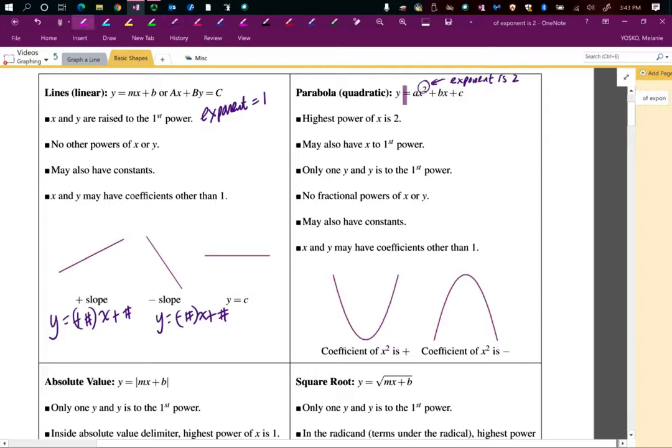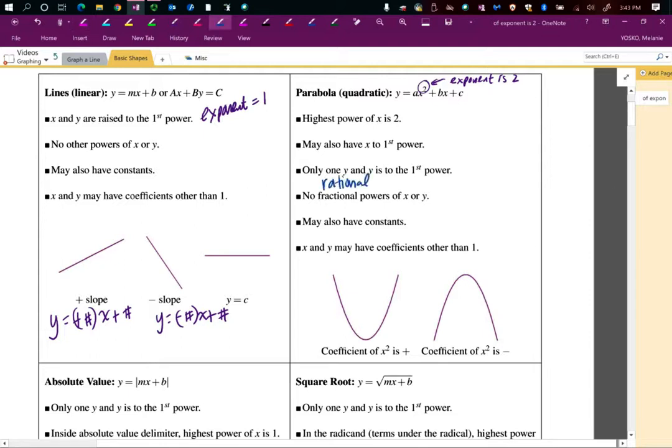Notice in this form I've given you, y is on the left and everything else is on the right. That doesn't have to be the case. It could all be mixed in, but you're looking at y to the first power. And there's no mingling of x's and y's, no term that has x and y multiplied together. No fractional powers of x or y. Sometimes instead of fractional, you may see the word rational.